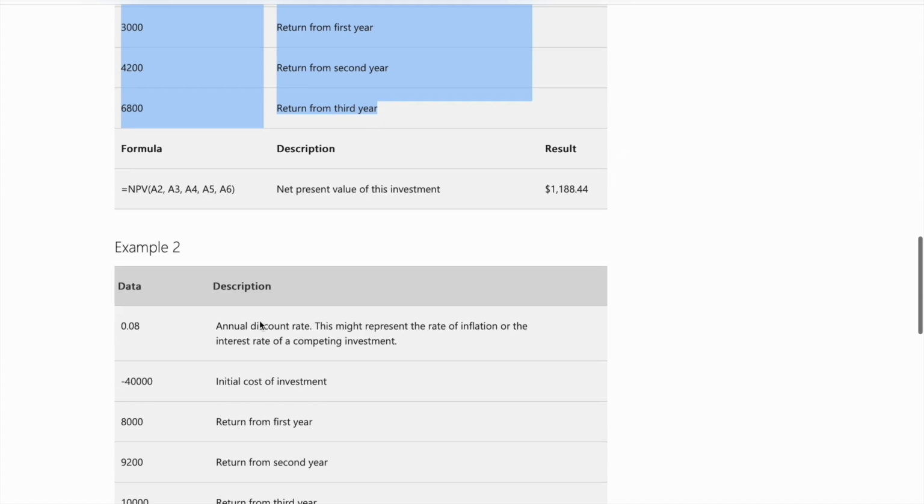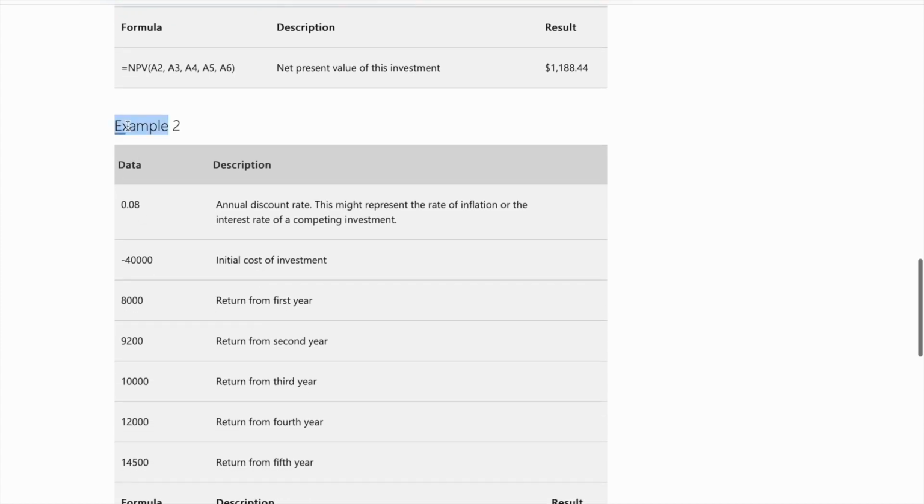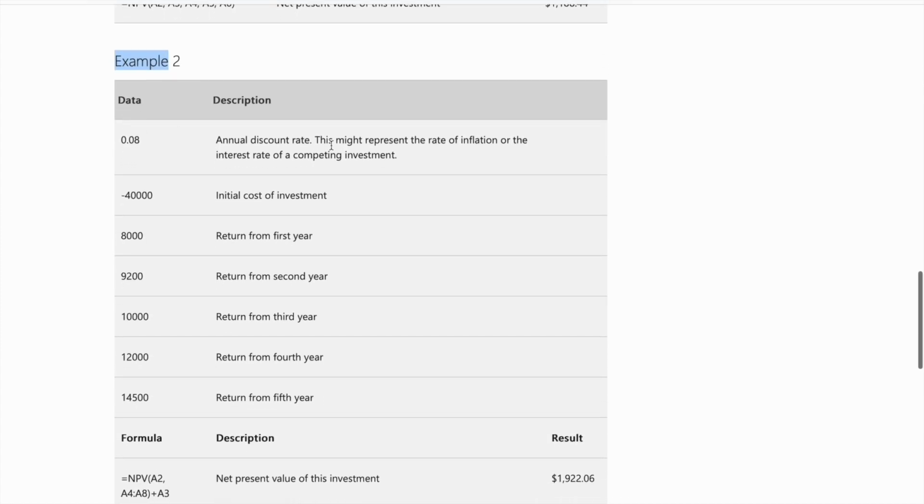Let's see another example. Example 2. Here we have an annual discount rate. This might represent the rate of inflation or the interest rate of a competing investment, which is 0.08.